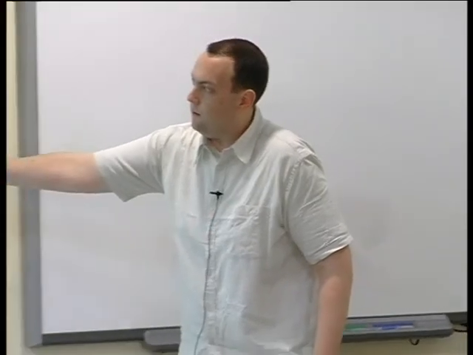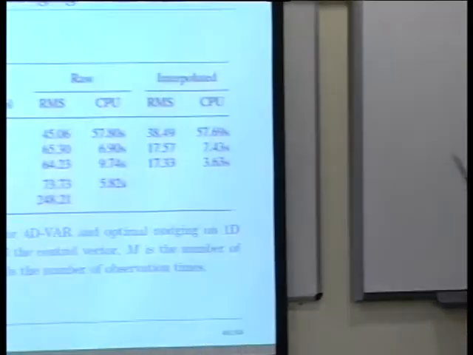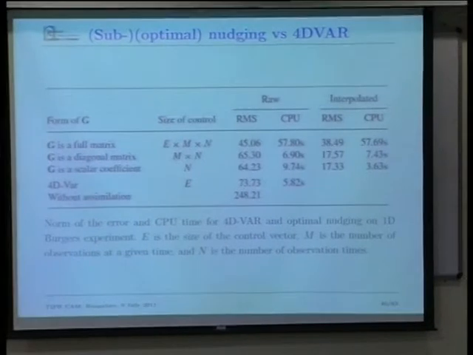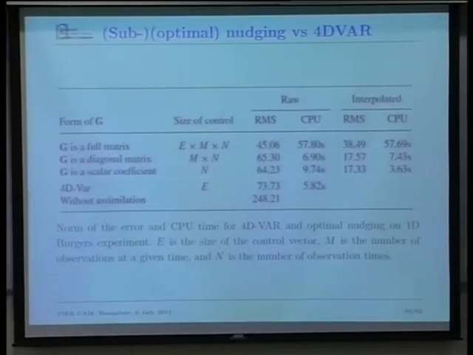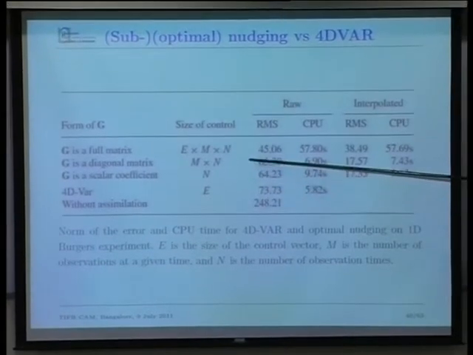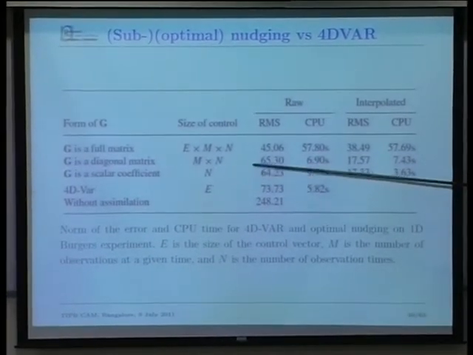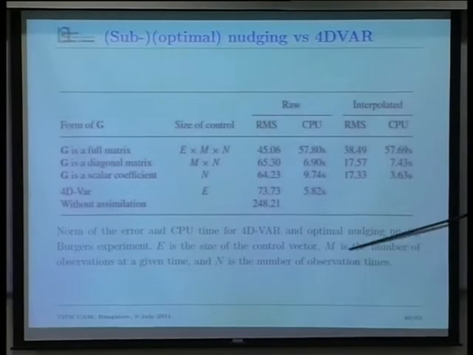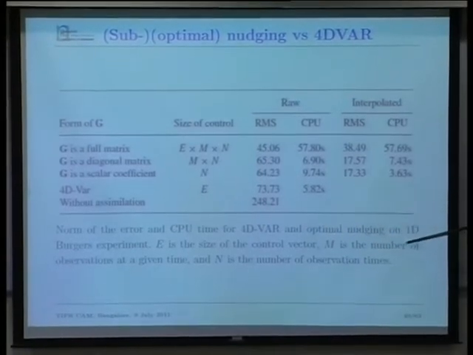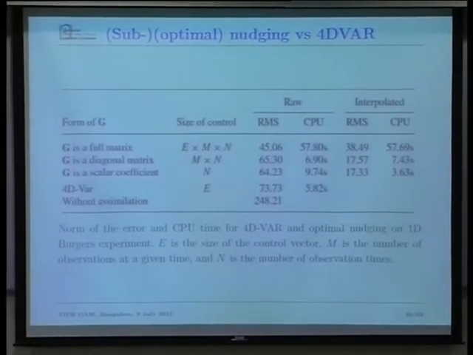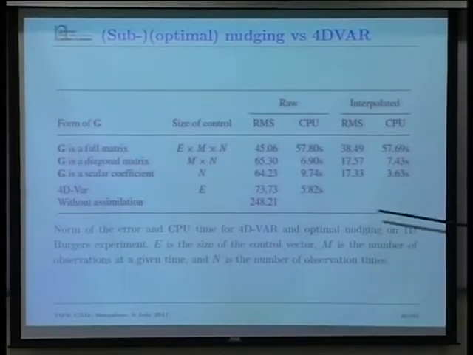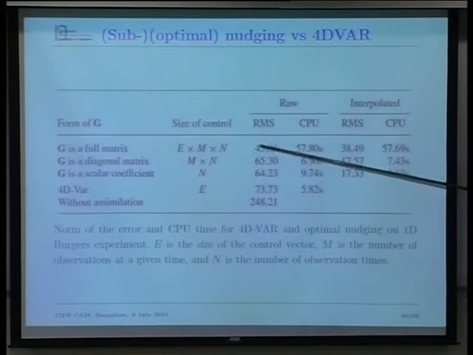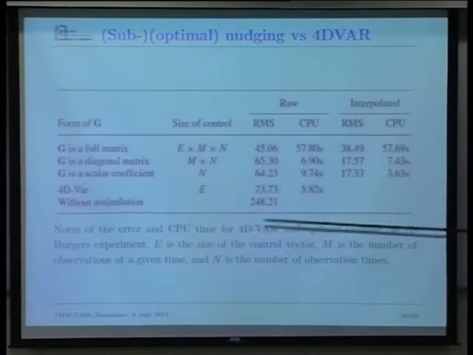So it's the simplest nudging matrix when you take only a scalar coefficient, which varies in time. If you use a pseudo-diagonal matrix, at each observation time you also have to optimize the coefficient for each observation, if you have many observations at a given time. And if you take the full matrix, then you have to multiply by the size of the control vector.